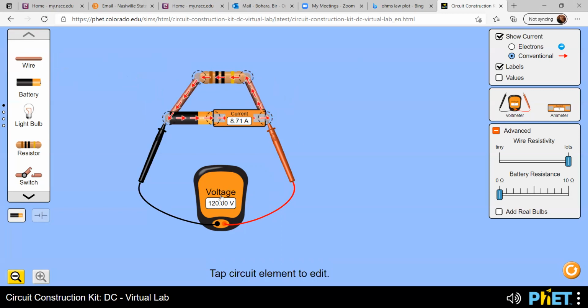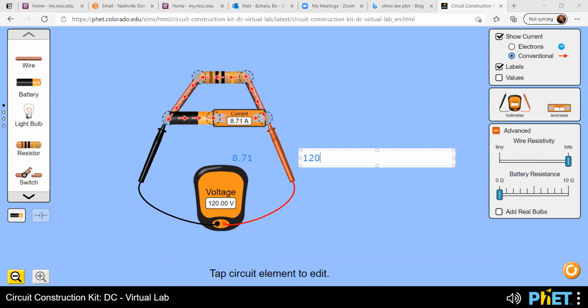Here is the potential difference, and here the selected value of this resistance is 10 ohm. The current is 8.71. Let me write down here. So my data here is how much was current? 8.71, right?